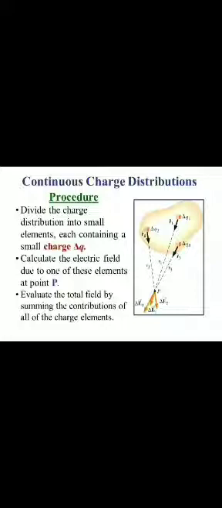From the figure, you can see that you are again calculating the electric field due to delta Q2 charge, then the electric field due to delta Q3 charge, and summing all the electric fields together to get the total electric field.